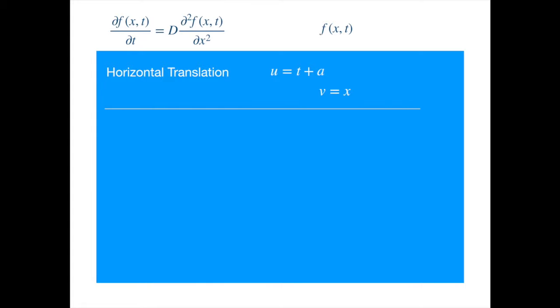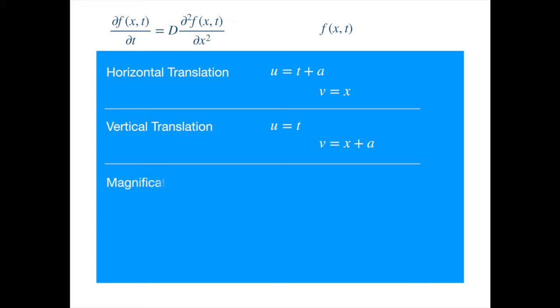We can have its sibling, the vertical translation, in which we leave the t variable unchanged and shift the x variable by a constant. And you can combine the two transformations to shift the location of a point or collection of points. You can also consider magnifying the shape. So if you multiply a dimension by a positive constant, it will scale the coordinates of the point.